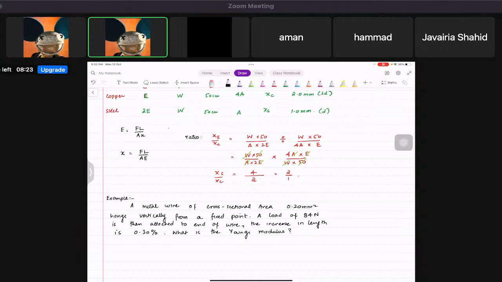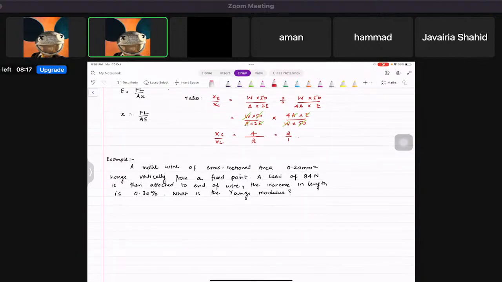Now in these sort of questions, when there is no comparison, you just need to write the things. Like for example, the force here is 84 newtons. The area is given as 0.20 millimeter square, so it needs to be converted.